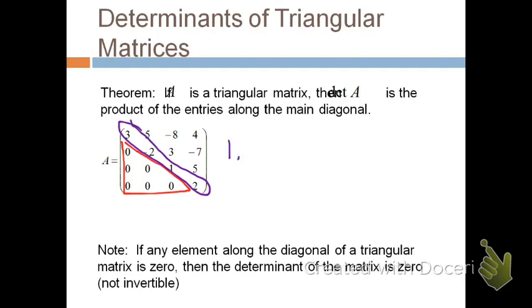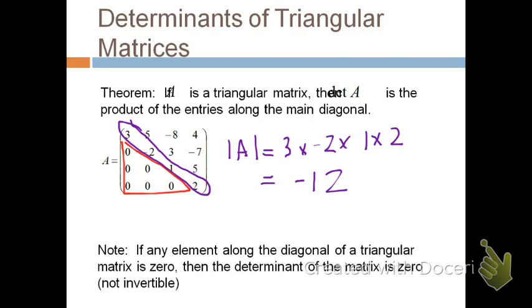So the determinant of A here would be 3 times -2 times 1 times 2, which is indeed the -12 that we got from the previous slide.